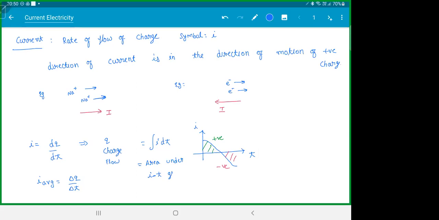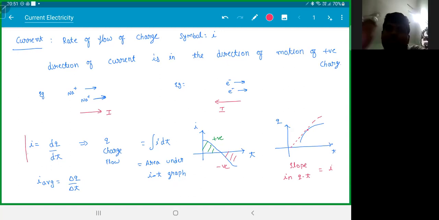If they give you a current versus time graph and ask for charge flow, you have to find the area under the graph. If you're taking a Q versus time graph, then the slope in the Q-t graph gives you current. Check. dq by dt is current and integral I dt is the area under the graph. That's the charge flow.